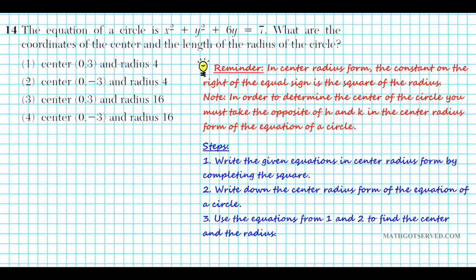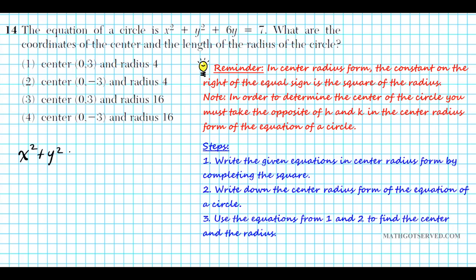The steps we're going to use for this problem are as follows. We're going to write the given equation in center radius form by completing the square where applicable. Then we're going to write down the center radius form of the equation of a circle. Now we're going to use these two equations from 1 and 2 to find our center and radius. Okay, so let's go ahead and work on converting this equation from general form to center radius form.